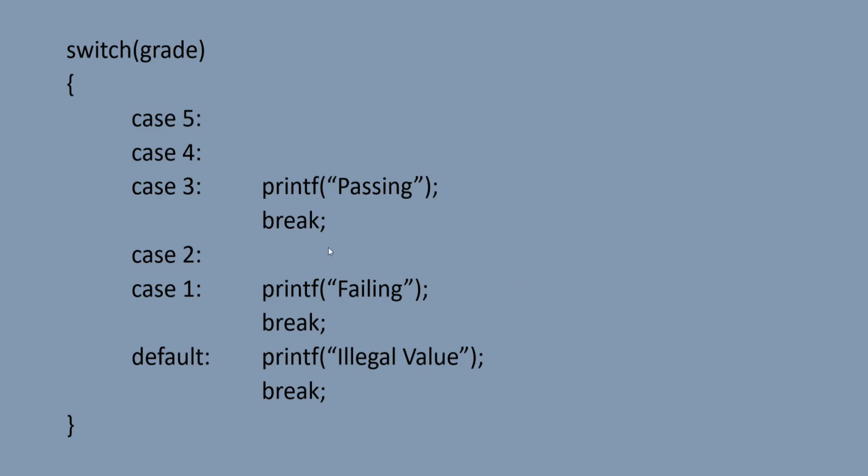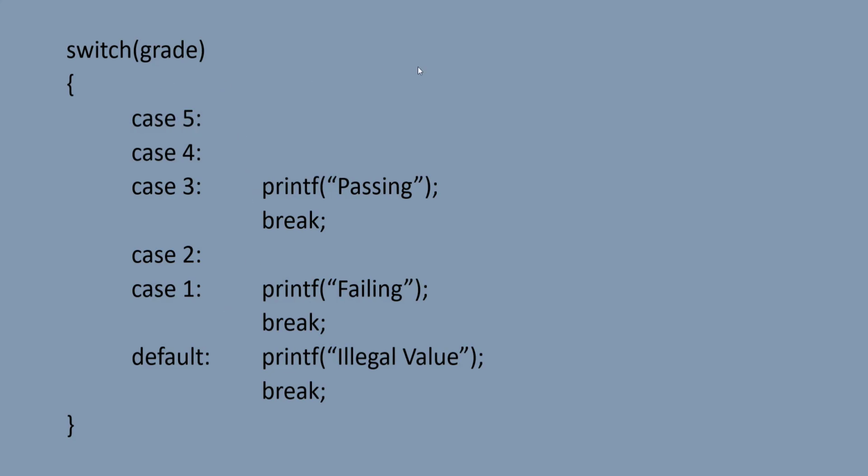But let's say you put in 2. Let's say you skip to 2, right? It's gonna not print out anything, but still go down into this printf statement. And it says failing, and then break. So if you put 2 or 1, it's gonna print failing. And if you put any other number, it's gonna say it's an illegal value.